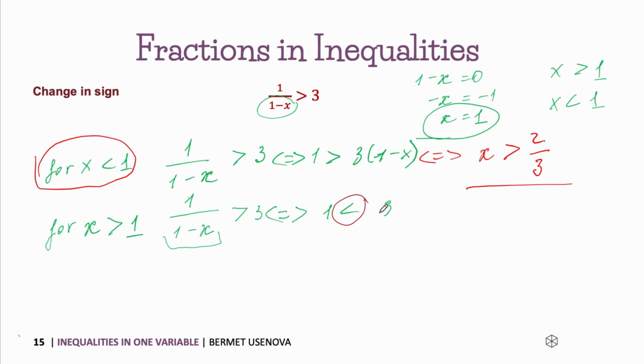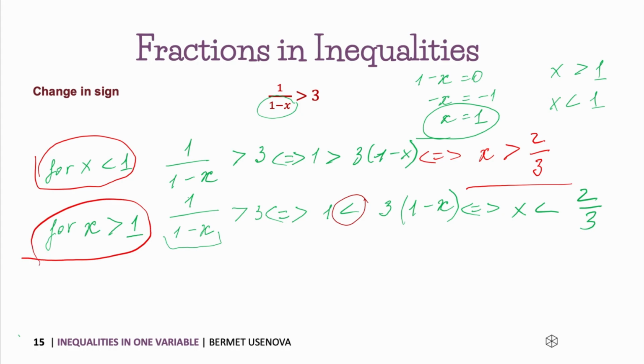Here we'll take 3 times 1 minus x, and we will end up with something like x less than 2/3. So we have two different cases: first for x smaller than 1 and then for x larger than 1, because we want to exclude the case when the denominator equals 0.